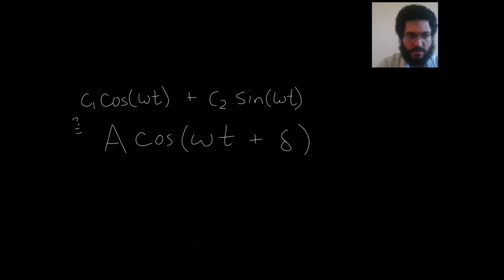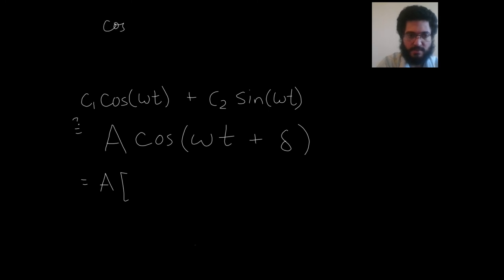Okay, so if we're going to have this equal this, one way to try to get this to look like something with a sine plus something with a cosine is to use the sum of angles law for cosine. So this is a times cosine of something plus something.